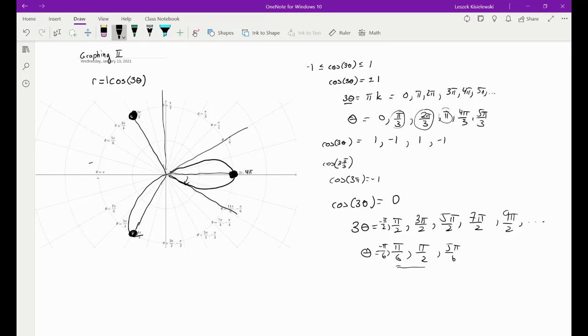And the next 2 places are pi over 2 and 5 pi over 6. So that defines the next petal. Okay, and then we just keep repeating like that.